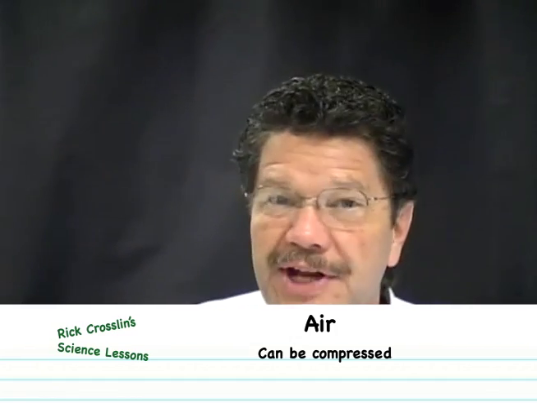Air can be pressed. You came to school today probably in a car or a bus or a bicycle, and inside of every one of those tires, air has been pressed in there. My car is about 32 pounds of air per square inch to keep my car up. So we can press air.